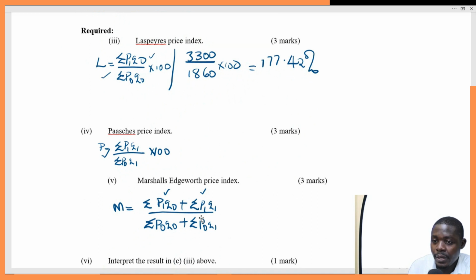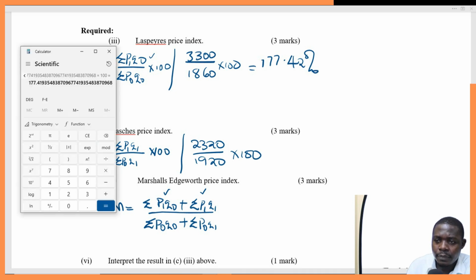Just substitute them here. 2320 divided by 1920.